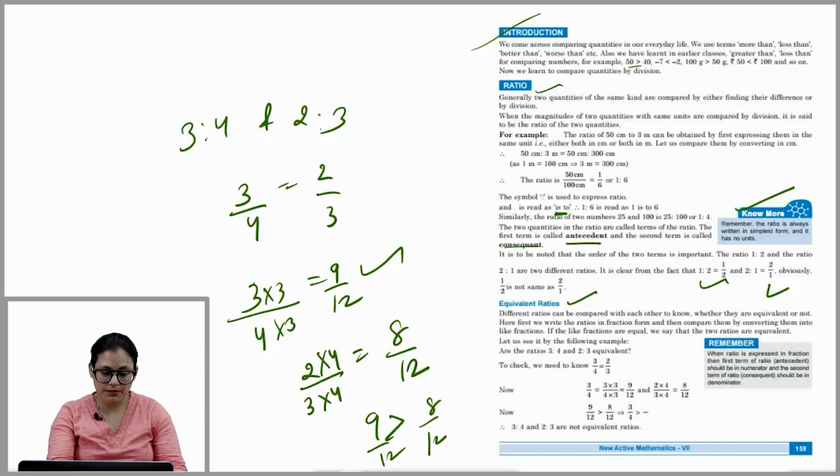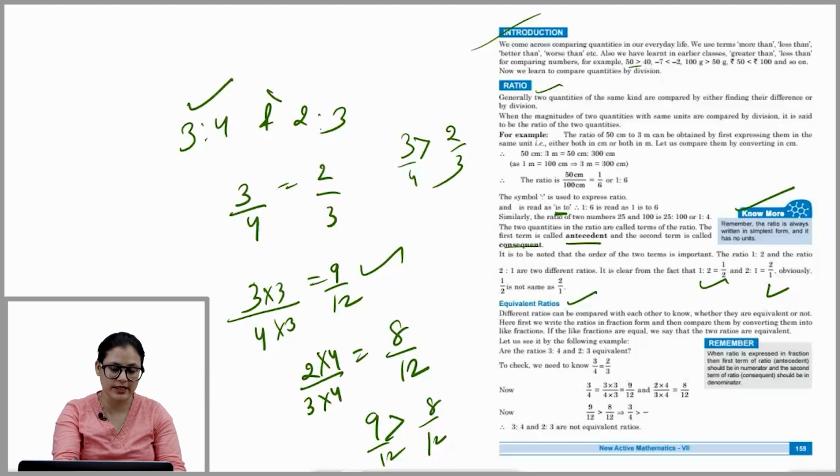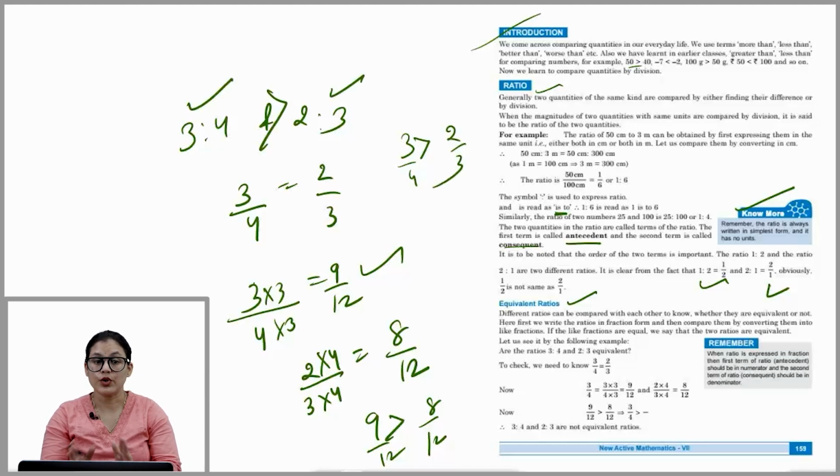That means 3/4 is greater than 2/3, that is, this ratio is greater than this ratio. So these are not equivalent ratios. Remember, when a ratio is expressed in fraction, the first term of the ratio, that is antecedent, should be in the numerator and the second term, that is consequent, should be in the denominator.